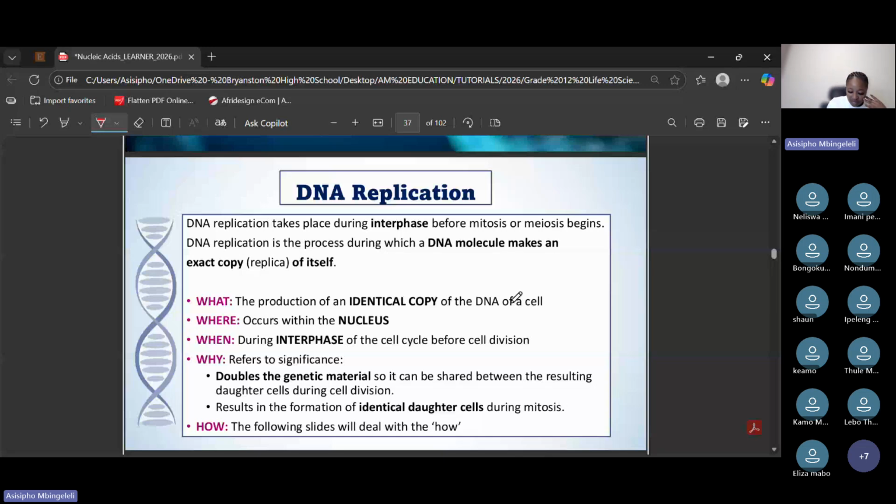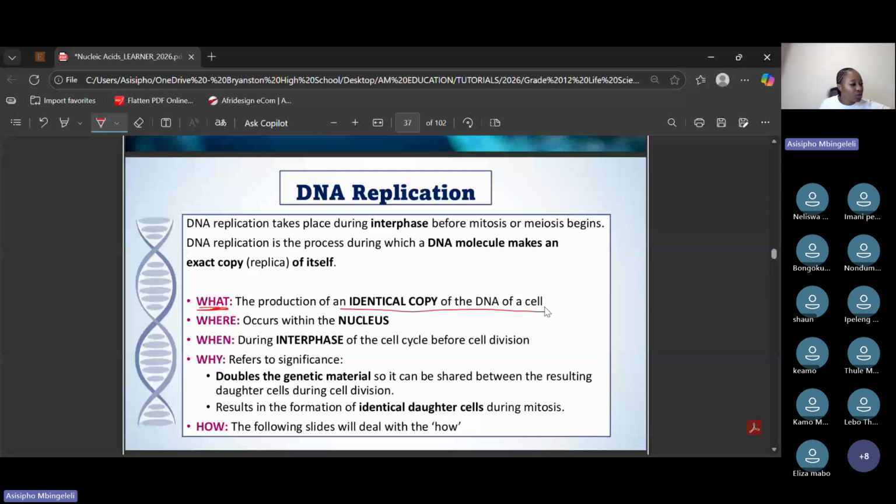Now, the first thing here is what the process is. This is the production of an identical copy of the DNA of a cell, the same cells that you have in your body. Before cell division, that DNA will make a copy of itself. Think of it like this: if I have a paper that I want to give to everyone, let's say I've got learners in my class and I want to make sure that they all receive the same test, I'm going to put this paper under a machine and make copies, and those copies will be identical to the original question paper.